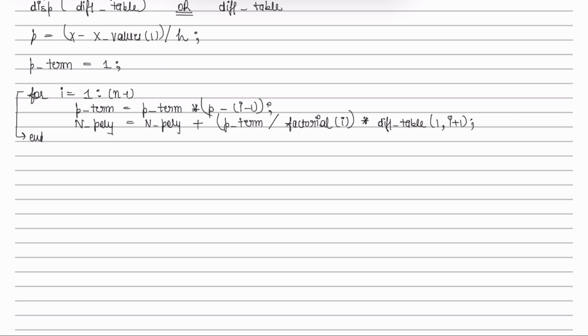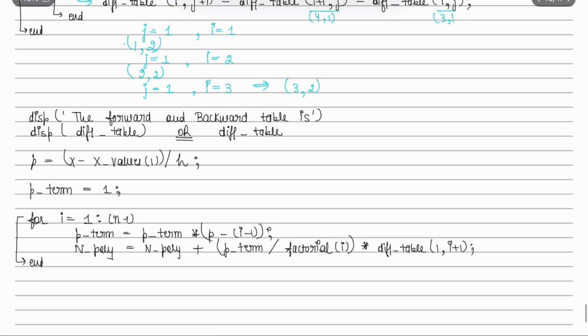Now let us firstly understand this loop. Till now we have the forward difference table, as the value of p will be variable x minus... We have used the values of x in this code as 3, 4, 5 and 6, and the corresponding y values are 6, 24, 60 and 120.